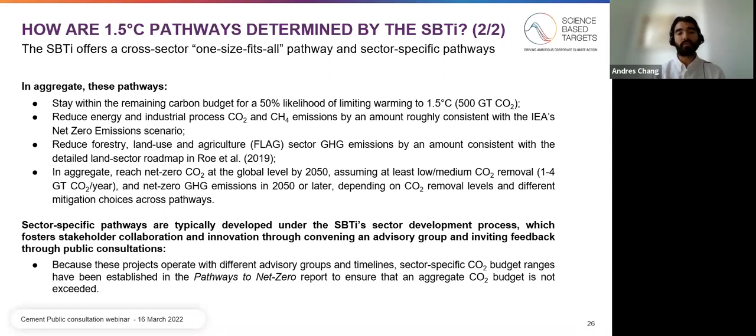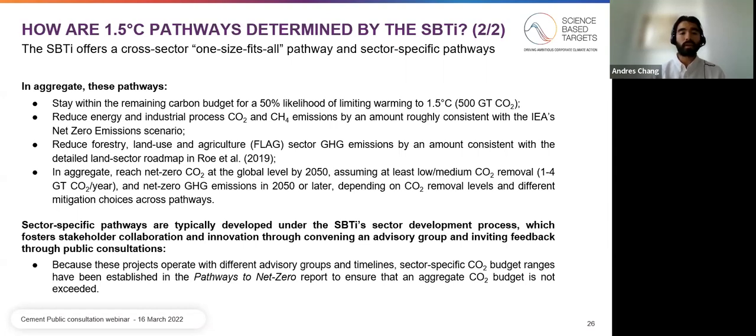We are assuming that forestry, land use, and agriculture emissions are reduced by an amount consistent with the detailed land sector roadmap in Rowe et al., which is a peer-reviewed paper that is very highly respected. We also are developing FLAG sector guidance where companies with land-intensive activities are expected to set targets consistent with this roadmap.